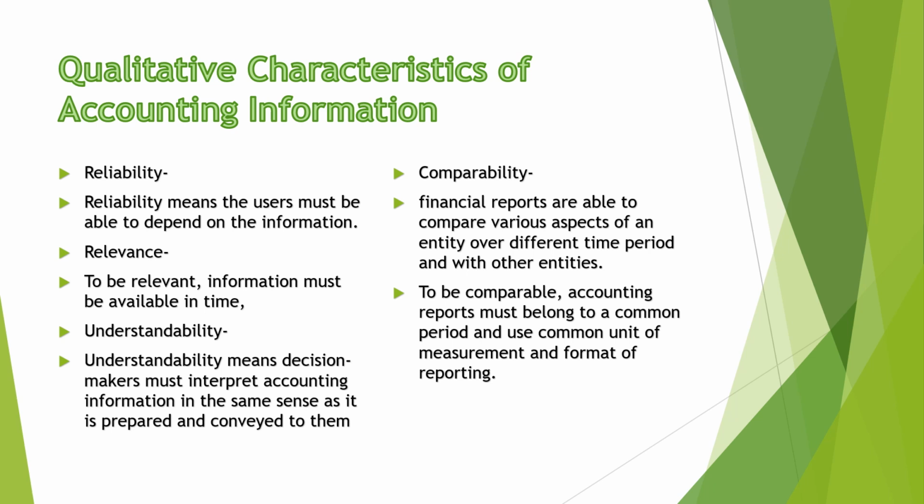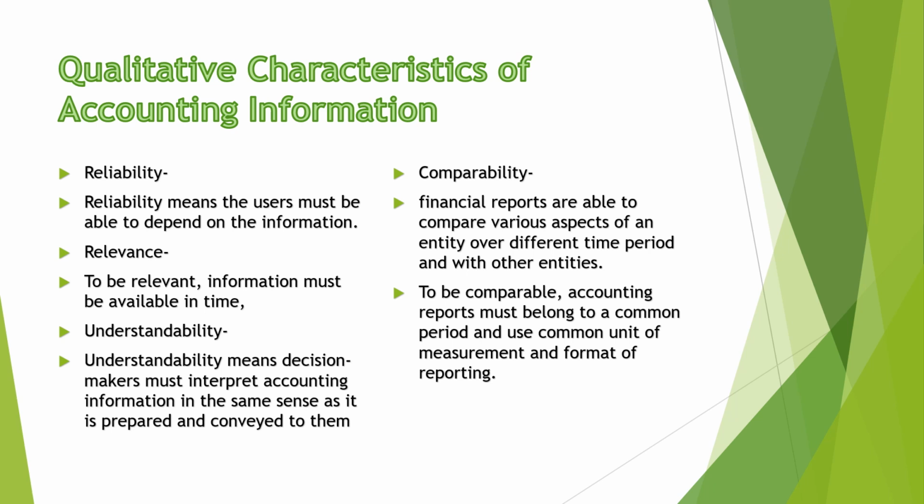Another very important topic is the qualitative characteristics of accounting information. There are two types of accounting information, quantitative and qualitative. Here we are going to discuss the qualitative characteristics. First is reliability, second is relevance, third is understandability, and then comparability. These are all very important.